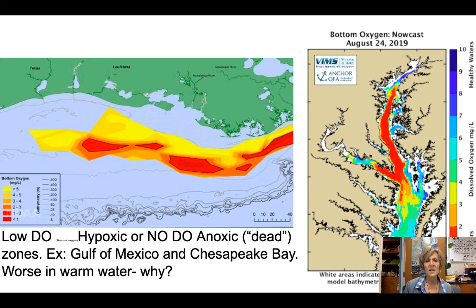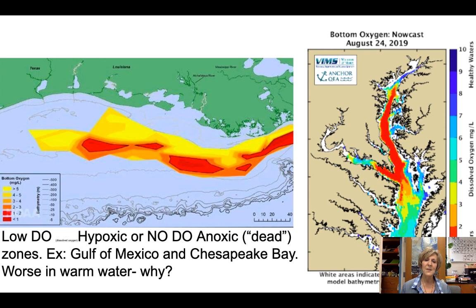So, for example, dead zones form at the mouth of the Mississippi River. So here you can recognize this is Louisiana. The mouth of the Mississippi River, think about all the nutrients that it is carrying through all the farmlands and all the population centers that get into the river and end up in the Gulf of Mexico.